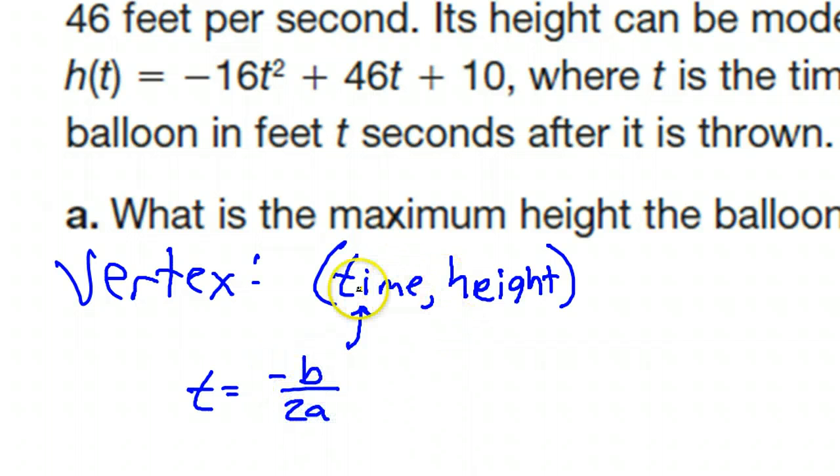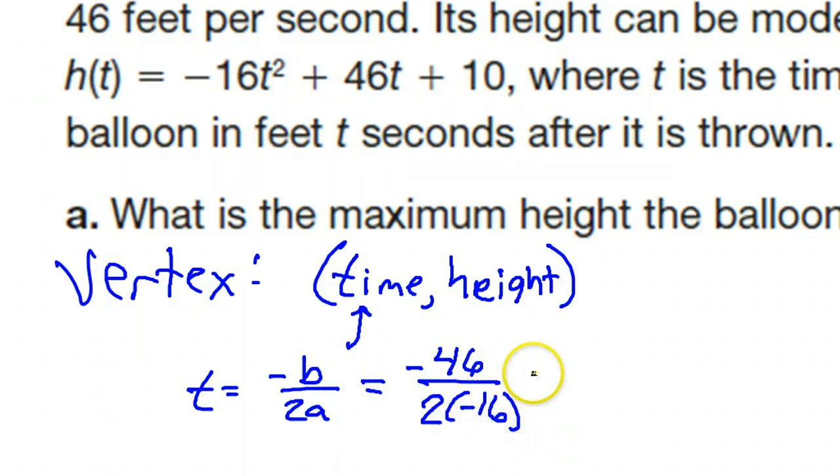That's how you find the x value of the vertex, which in this case is time. So that's negative 46, opposite of B, over 2A, which is 2 times negative 16. So that's negative 46 over negative 32.